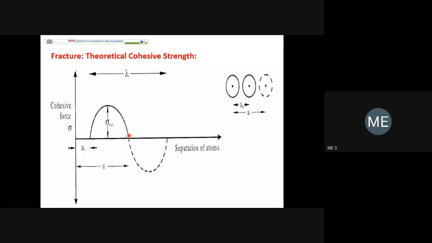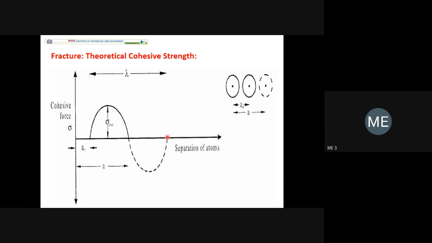If you pull them apart, the attractive force decreases, and after a certain distance it is lost. In a similar way, initially we have the maximum cohesive force. After the distance between the two atoms reaches A, the cohesive force becomes 0. Then there is a repulsive force, referred to by the negative sign here, the dotted line.